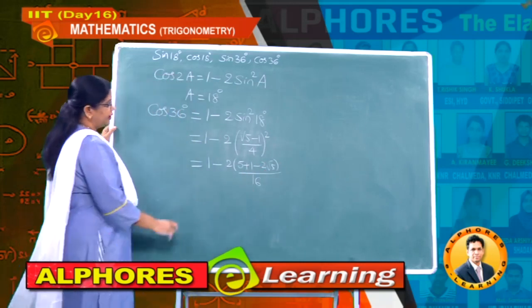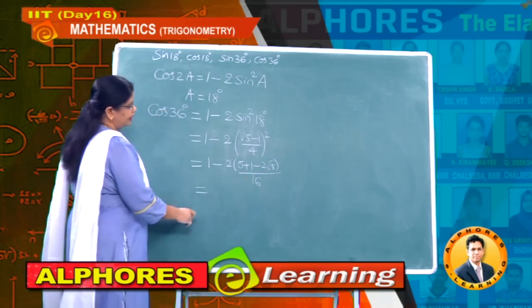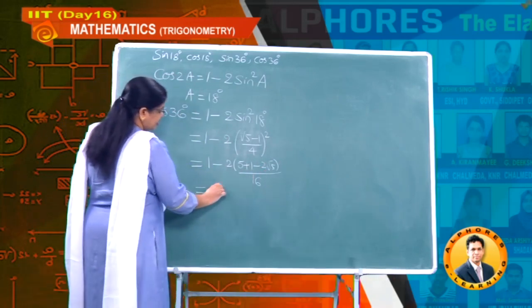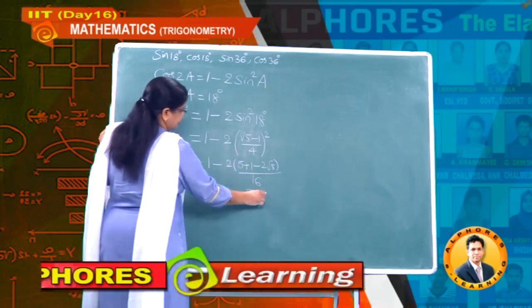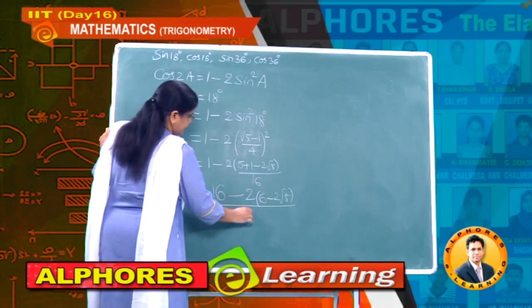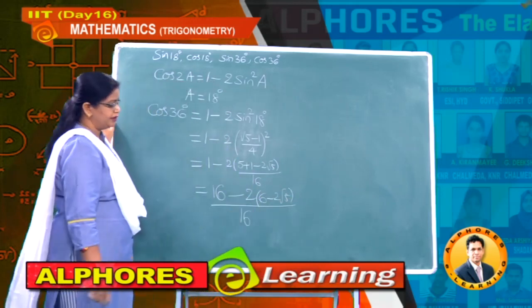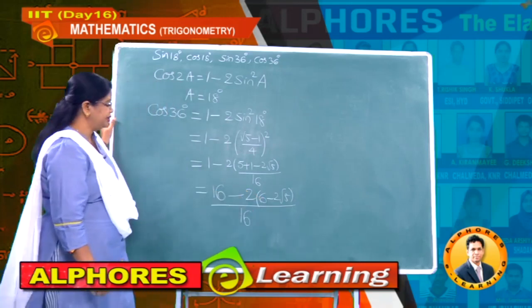Got it students? And now this 16 as it is I am putting, earlier also we have done like that. Now, let us take this as LCM. 16 minus 2 into, this is 6 and minus 2 root 5 and whole divided by how much? 16. Okay students. Now, 16 minus 12, what is the value? It is 4.